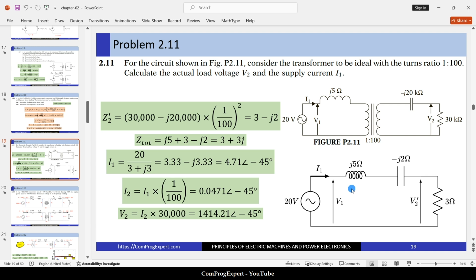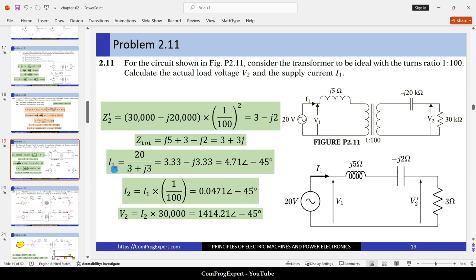So for this circuit, what is the total impedance? We have these three components in series, right? This inductor, this capacitor, and this resistance. So we have this summation j5 plus 3 minus j2, that is 3 plus 3j. This complex number. How much is the value of the current?